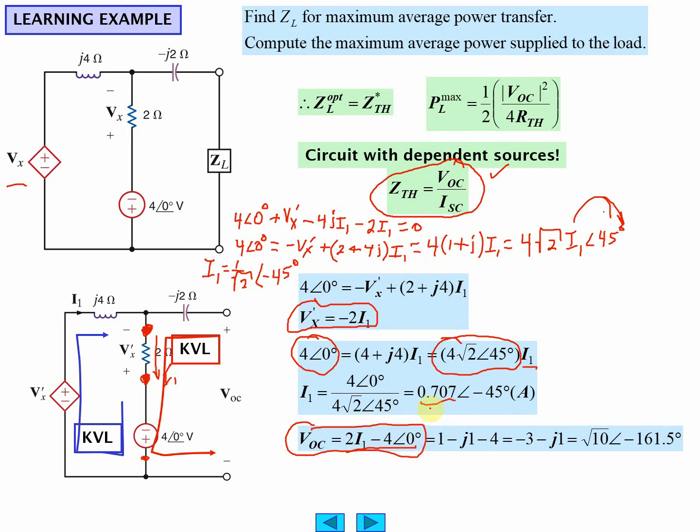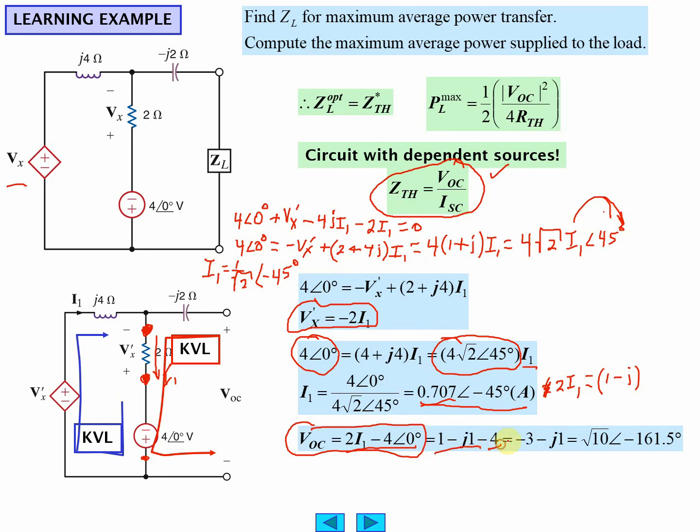We already got I1, so this becomes 2I1, easier to say 2I1, is going to be 1 minus j. There we go. Square root of 2 times I1, 1 minus j. So there's the 1 minus j.